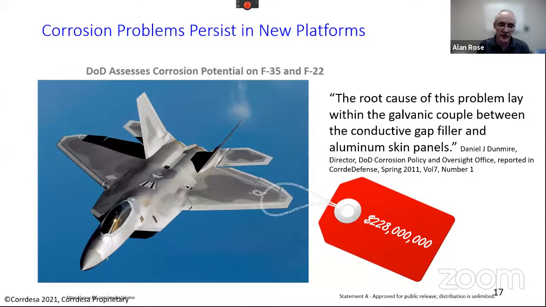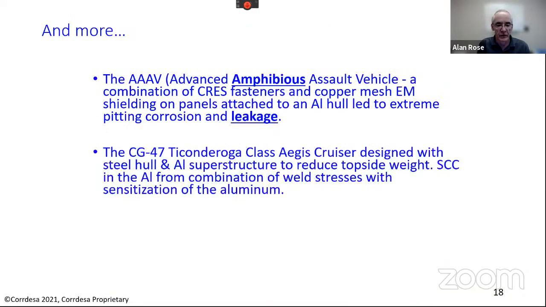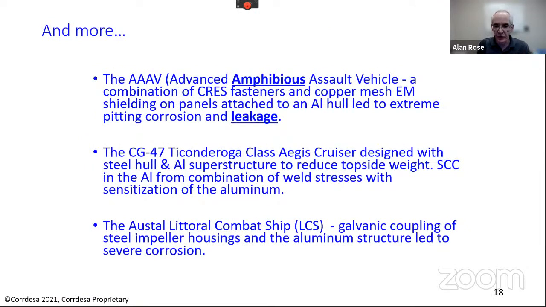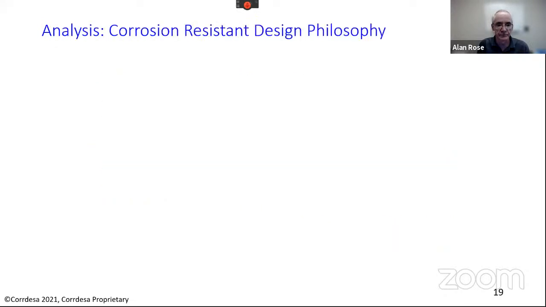And that could have been identified with the tools that we're going to go into and present to you shortly. There are many more examples of issues on board amphibious assault vehicles and ships and so on. So clearly we need some good computational tools that can identify these potential hazards early on.